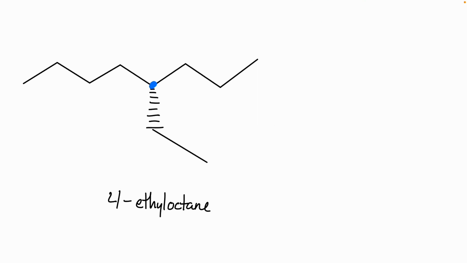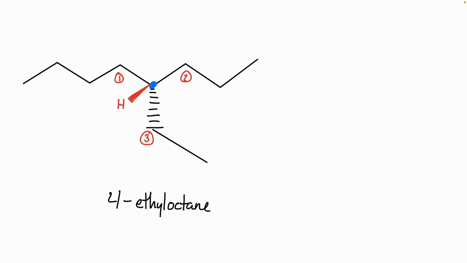All right, let's go A, B, C. What's my highest priority group? A. What about my next highest priority? B, and then C. And what's that fourth group sticking off of that chiral carbon? That implied hydrogen. Now that my ethyl group is on a dashed bond here, that means that implied hydrogen is on a wedge.